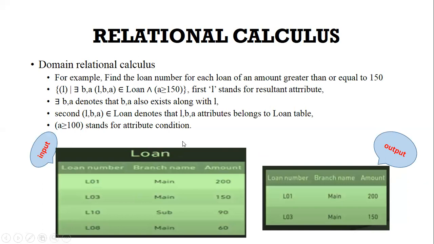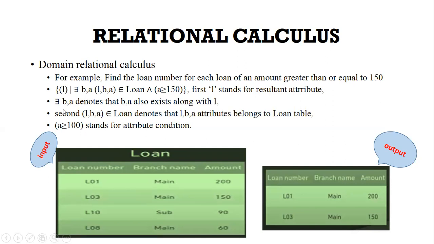The next example: here we want to find the loan number for each loan of an amount greater than or equal to 150. Here L, extensional quantifier BA, such that LBA is an element of loan where amount is greater than or equal to 150. The first L stands for the resultant attribute.